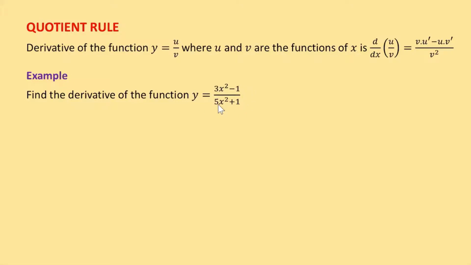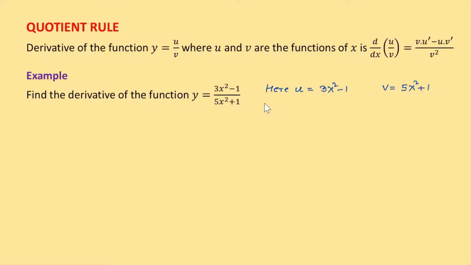And in the denominator, we have 5x squared plus 1, that is v. So that is where we are going to begin. So here, let me write this. u is equal to 3x squared minus 1, and v is equal to 5x squared plus 1.